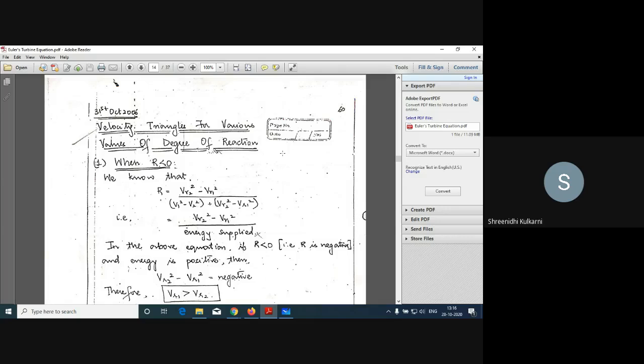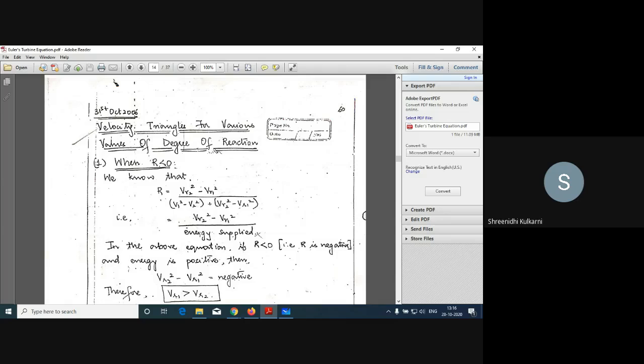So the velocity triangle for various values of degree of reaction. First I am going to consider when R is less than 0. First case, R is less than 0. Then I consider the degree of reaction for axial flow turbines: R is equal to VR2 square minus VR1 square divided by V1 square minus V2 square plus VR2 square minus VR1 square.